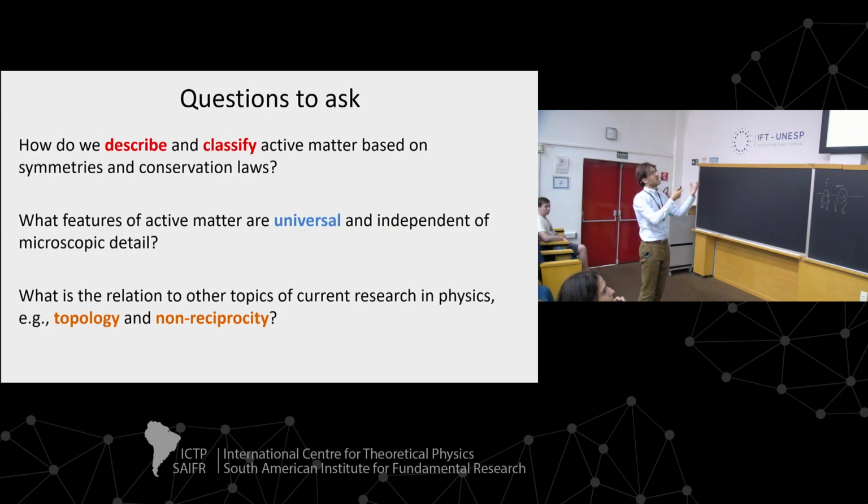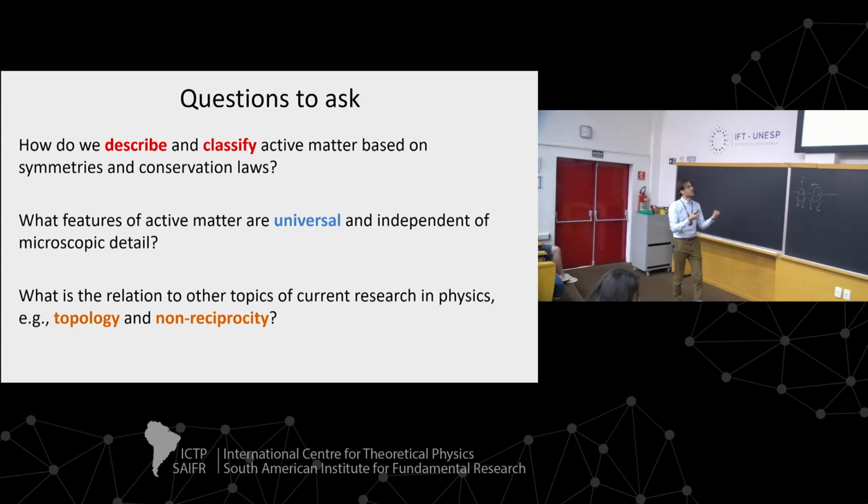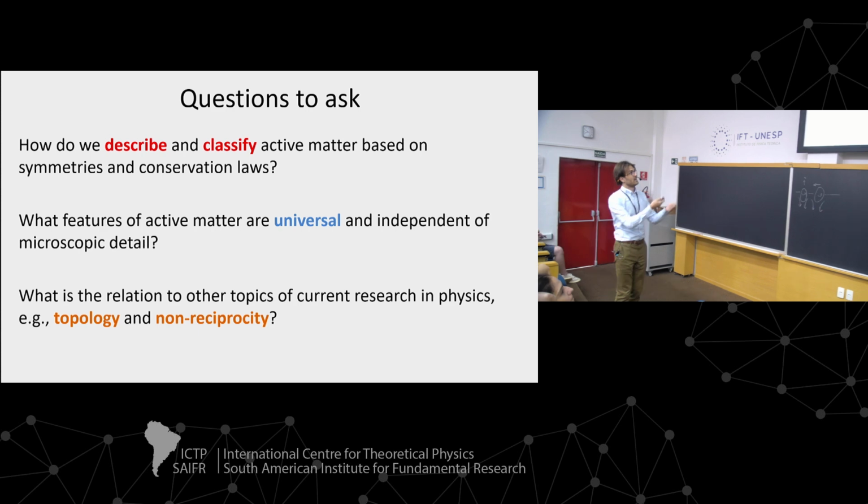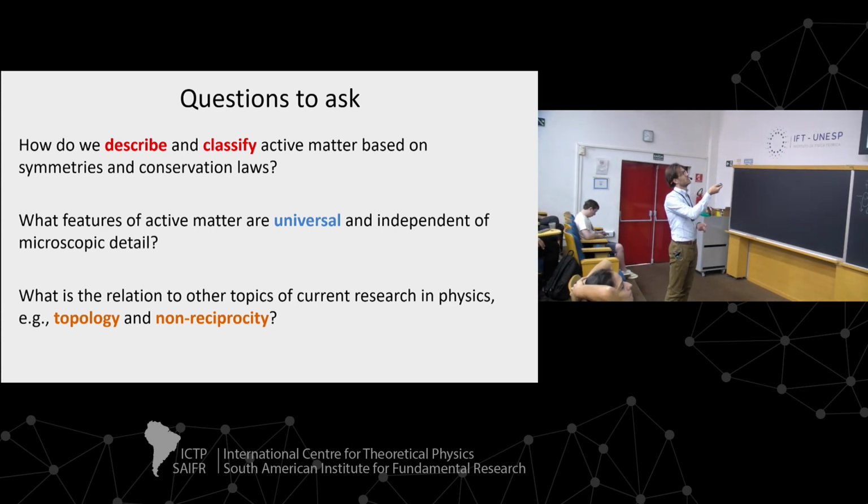So these are some of the questions that I wanted to get back to throughout these lectures, and maybe some of the themes that we can reflect on together. I wanted to ask them now so that we can keep thinking about them as we go through different examples. The first one is, we could try to describe and classify different active systems based on symmetries and conservation laws.